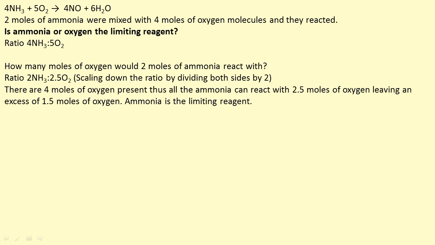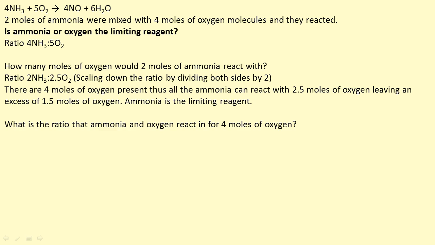We have now identified the limiting reagent and the one which is in excess, but let's suppose we start off by considering how many moles of ammonia would react with all 4 moles of oxygen. If we take the ratio of 4 moles of ammonia to 5 moles of oxygen and divide it by 5, we obtain the ratio that 0.8 moles of ammonia react for every mole of oxygen.